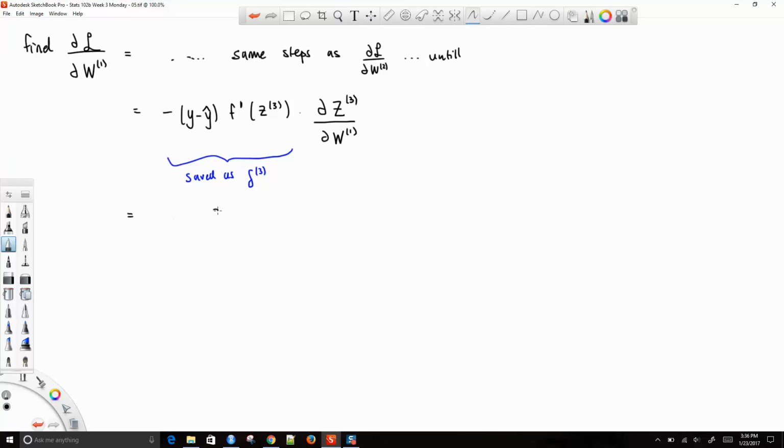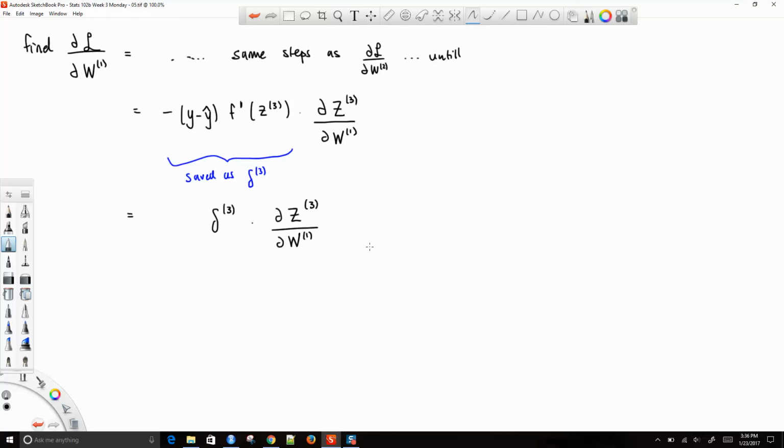So now I have delta 3, and we want to know how Z3 varies with respect to the W1 matrix, okay?